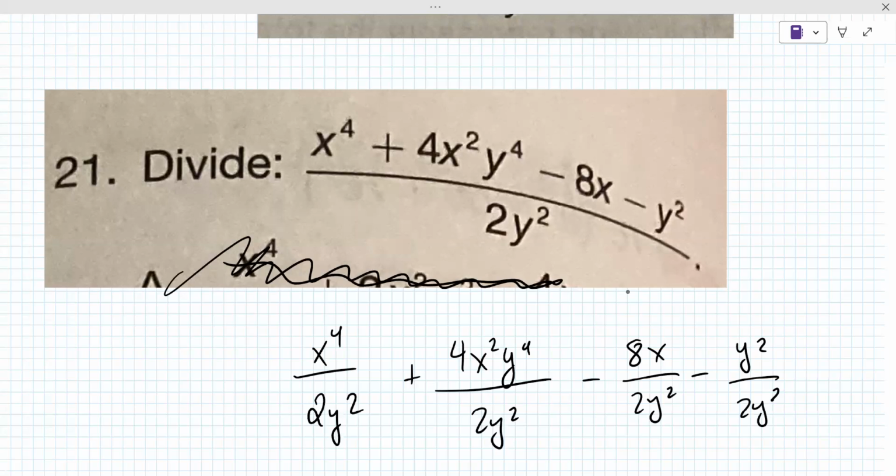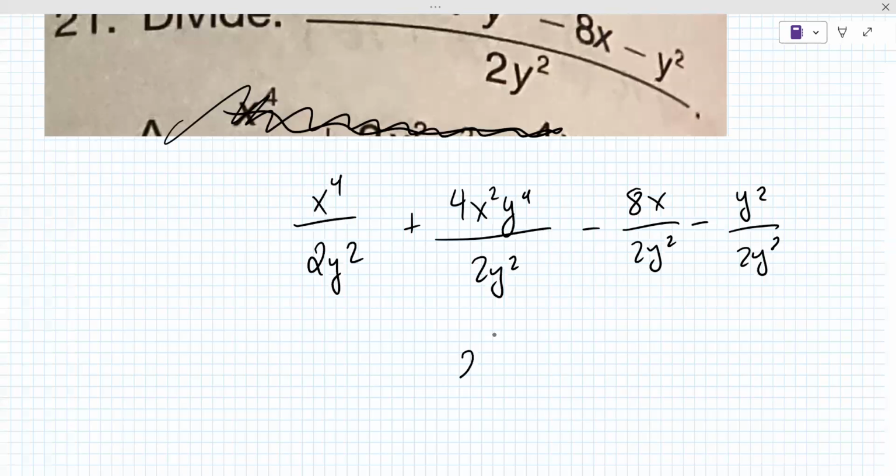Can't do anything, so you leave it be. Second one you can reduce. What does that become? 2x squared, y squared. Good.